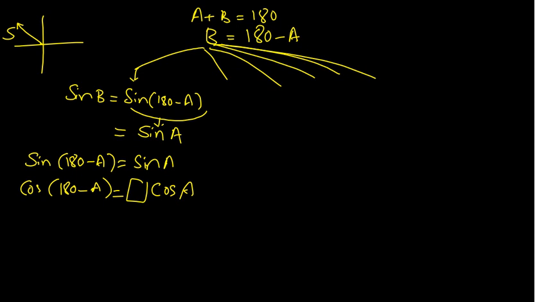Add sugar to coffee. That's why it is minus cos A. So the second rule is cos 180 degrees minus A equals minus cos A.